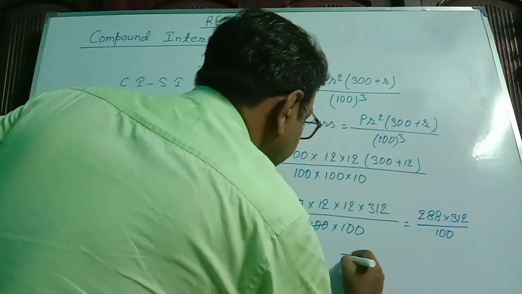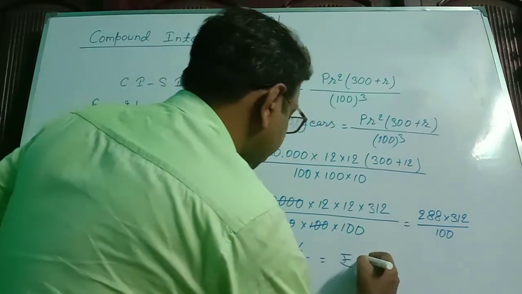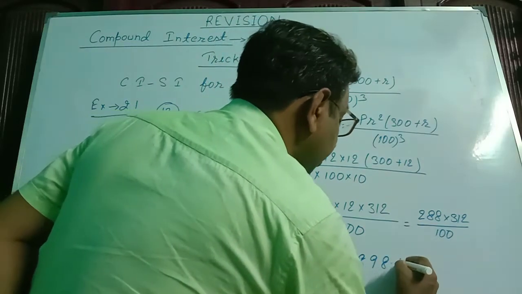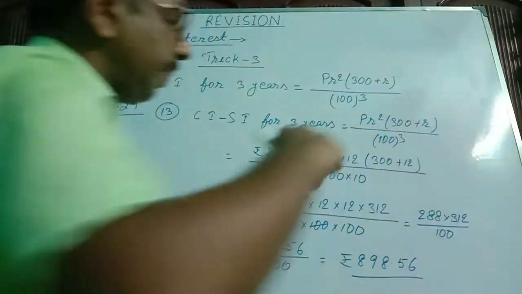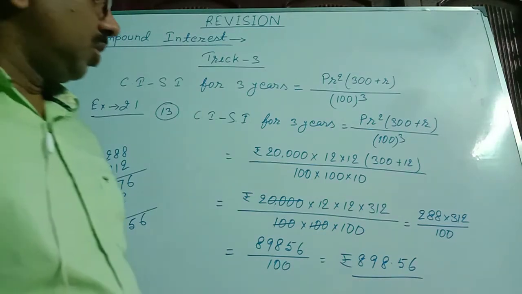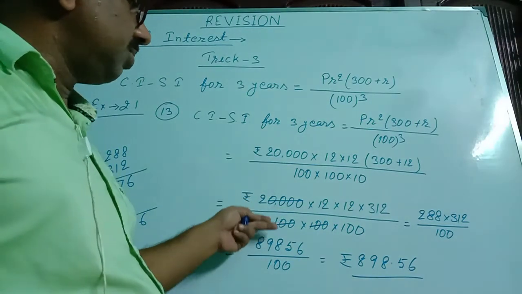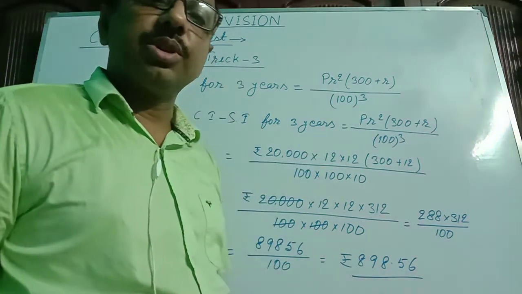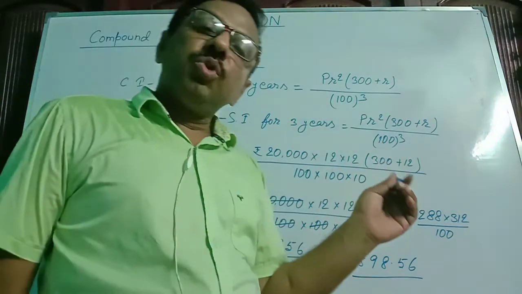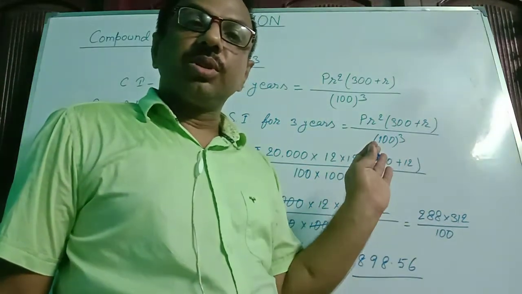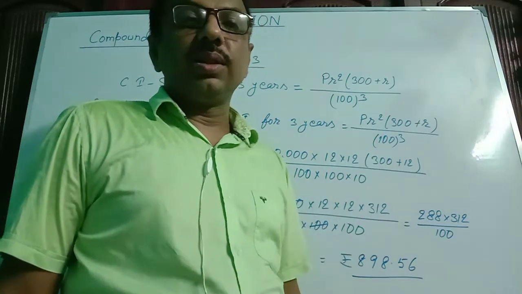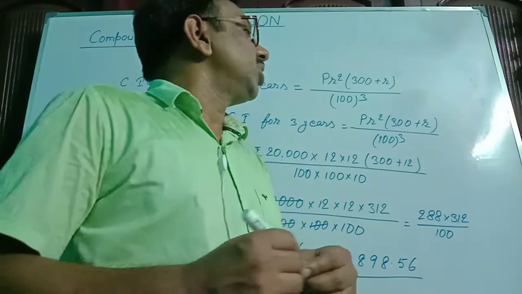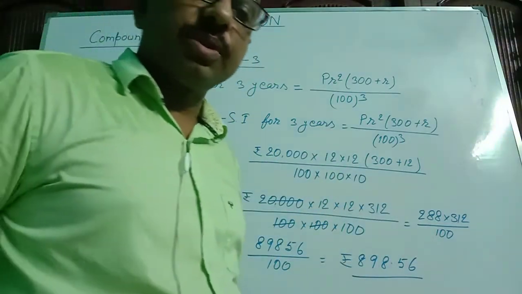For this, we'll keep the decimal after 2 digits counting from the right hand side. So it became 898.56. This became the answer. So following few steps only we can get the answer. Obviously this is the time saving process. You practice more questions following this process to make the concept clear, and if you get this type of question in examination, you must apply this time saving process.